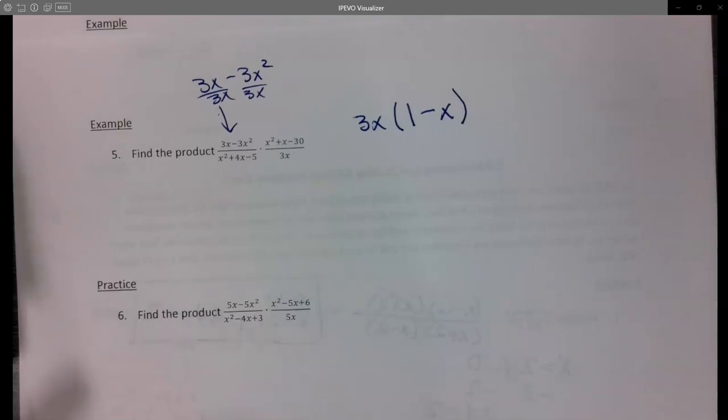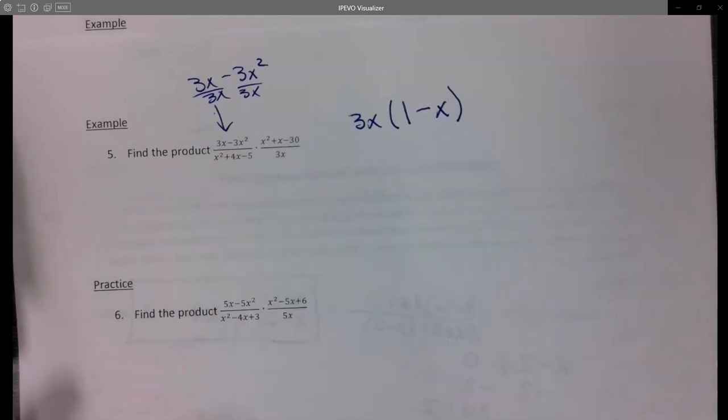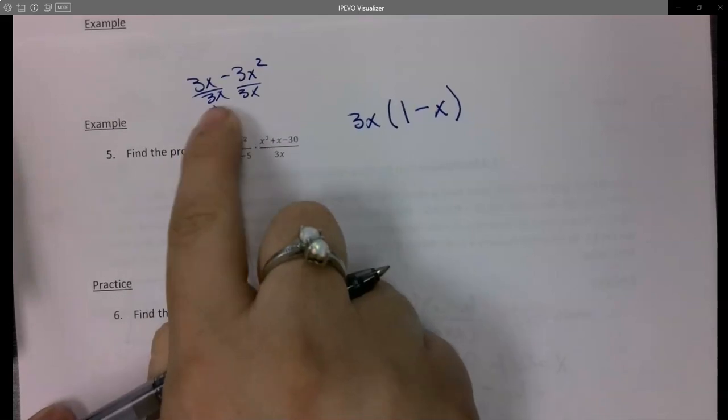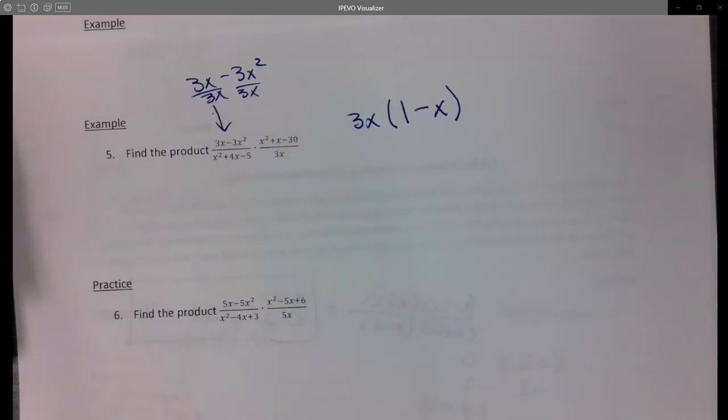So question so far. All I've done is factor the top of the first fraction. These are both 3x's, because I'm pulling the 3x out front, so I need to divide each term by 3x.